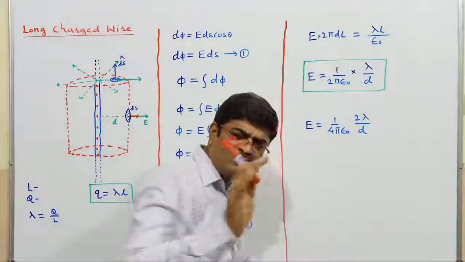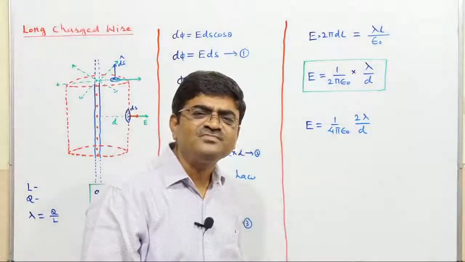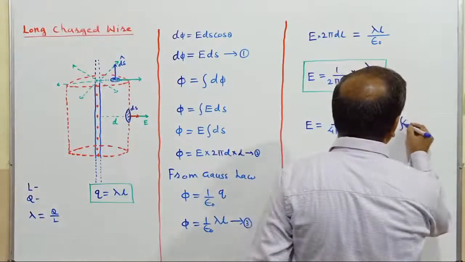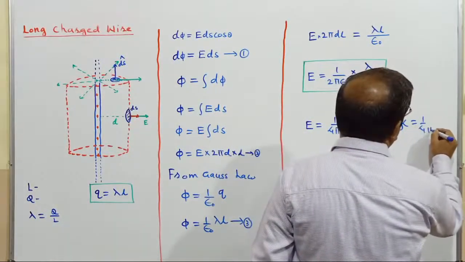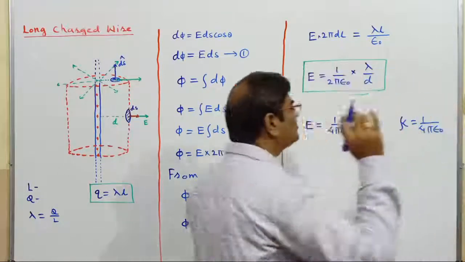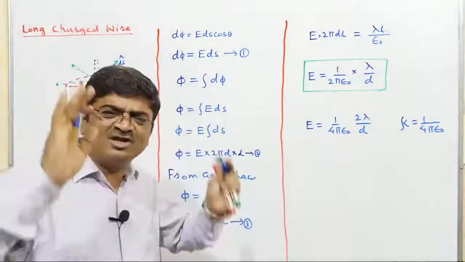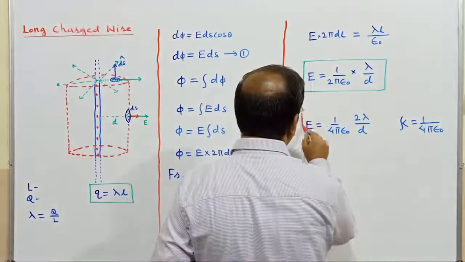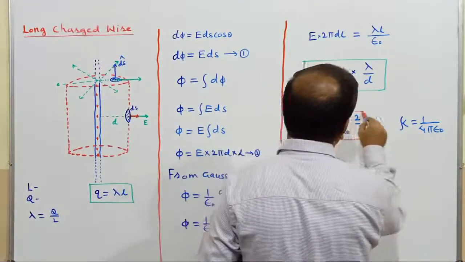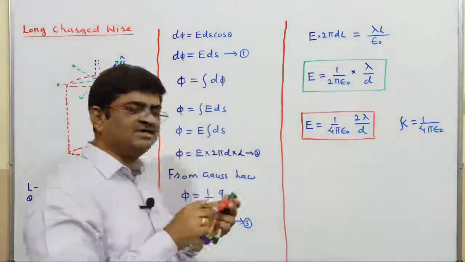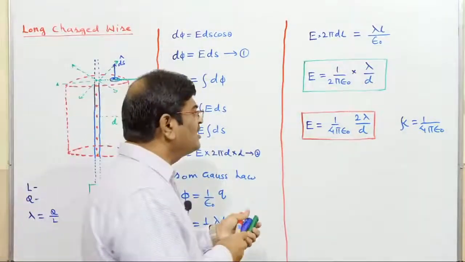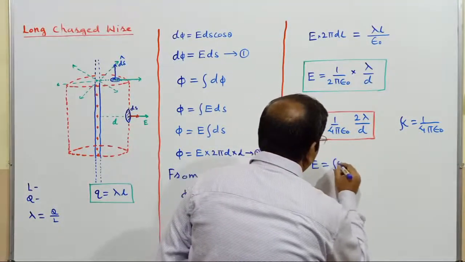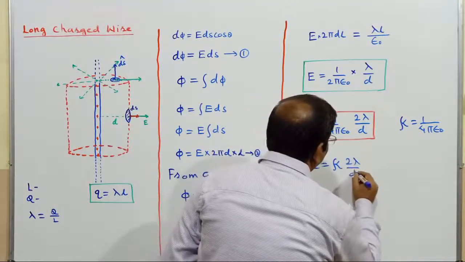Everywhere this constant I would like to have the same. What is that constant which I am taking there? I am taking k equals 1 upon 4 pi epsilon 0. This constant I would like to have the same, to remember the equations from the point of view of competitive examinations. So you can even remember this one. Electric intensity due to a long wire is given by this relation. Or even for simplicity to remember, I can write E equals k into 2 lambda by d.